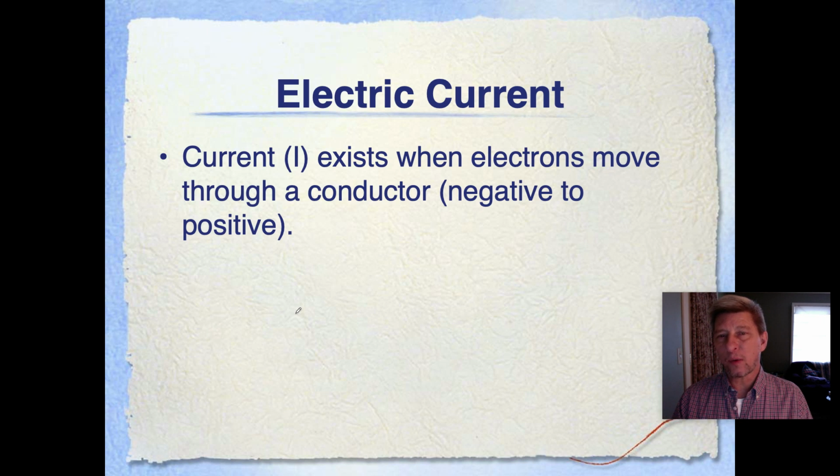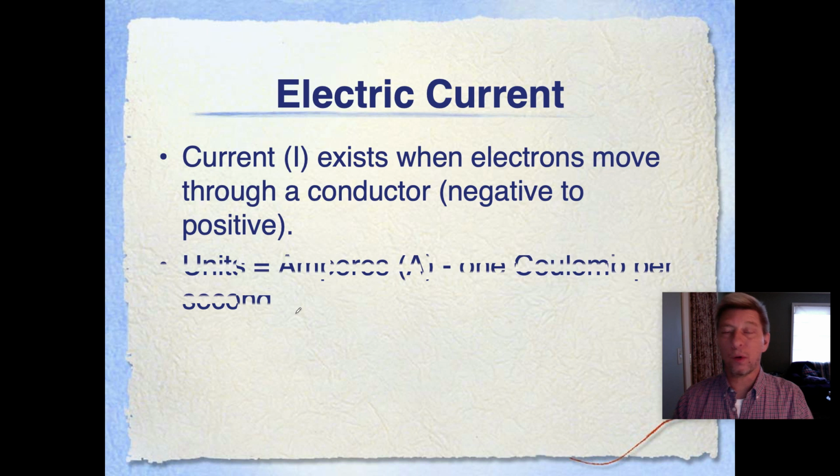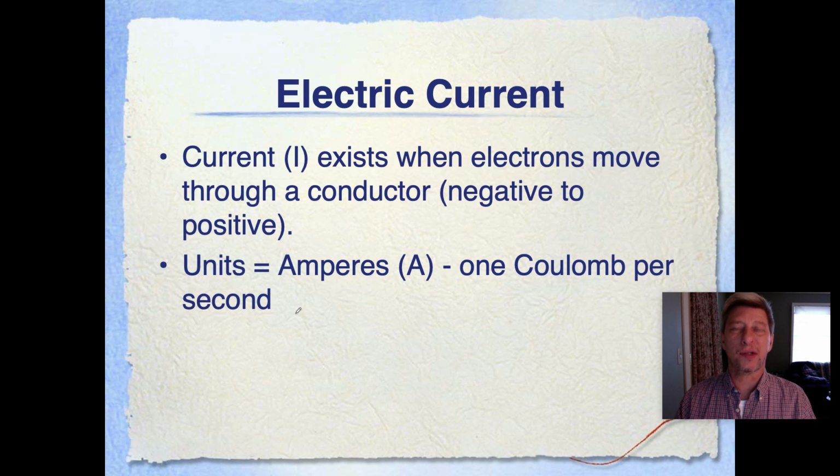Now, two things I want to point out there. First, when you're talking about an atom of a metal, what charge is actually moving? It's not the protons that you find in the nucleus. It's the electrons that are surrounding the nucleus that are free to move from one atom to another. And in a metal, if you recall from Mr. Leonard's chemistry class, there's this sea of mobile electrons, and they are able to move freely down the length of a conductor.